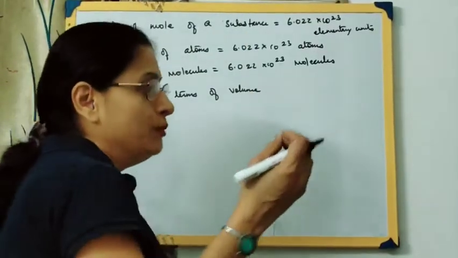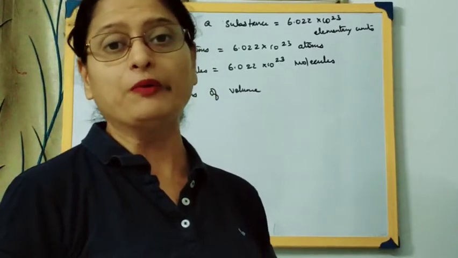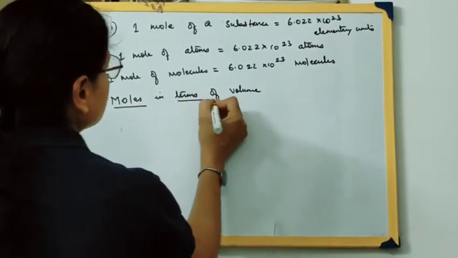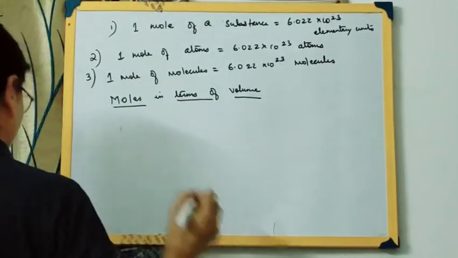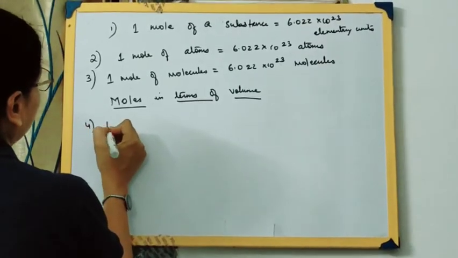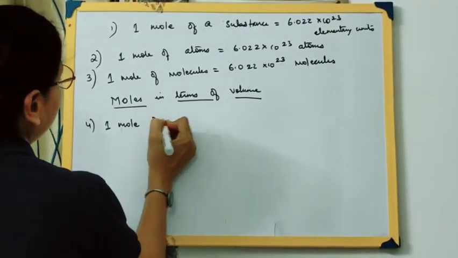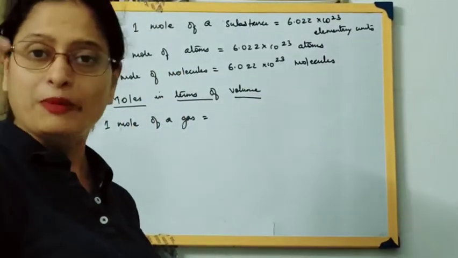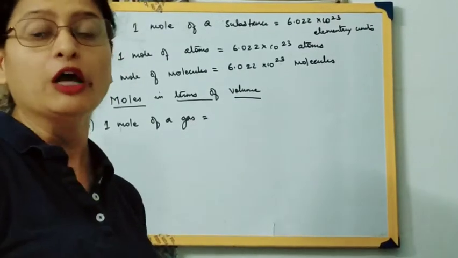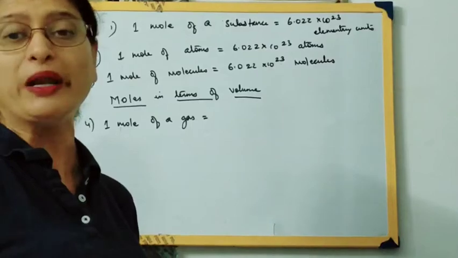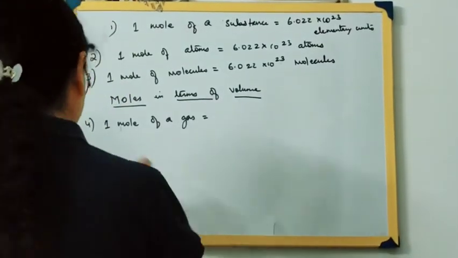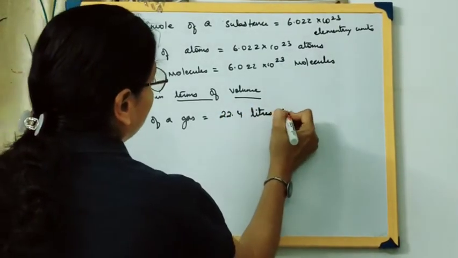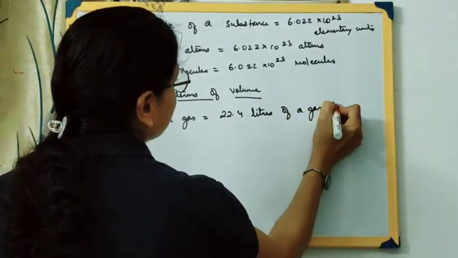So molar volume is the volume containing 22.4 liters at STP. 1 mole of a gas, how much volume will it occupy? Obviously 1 molar volume, which is 22.4 liters at STP. So 1 mole of a gas is equal to 22.4 liters of a gas at STP.